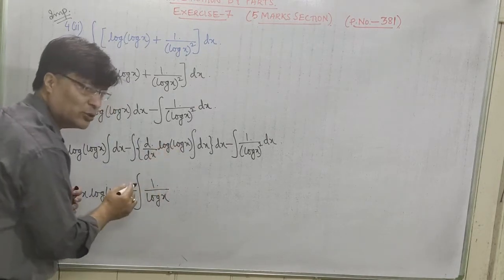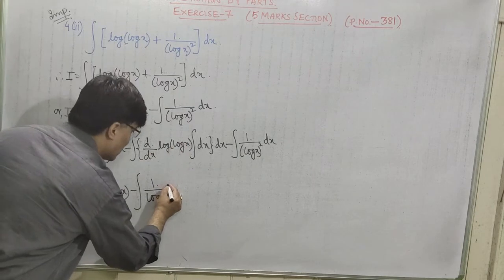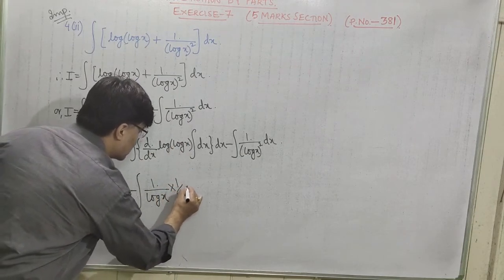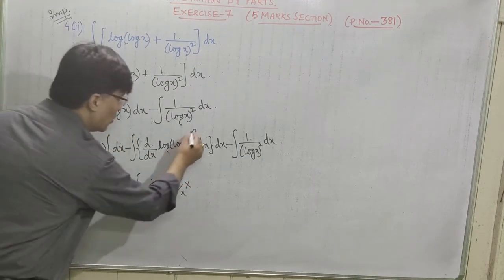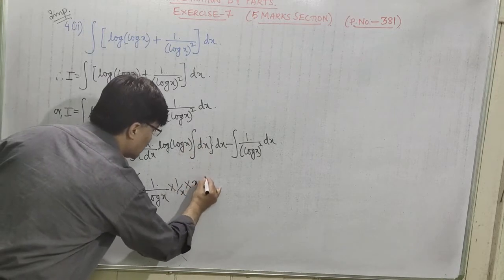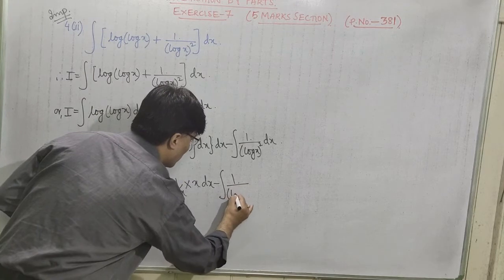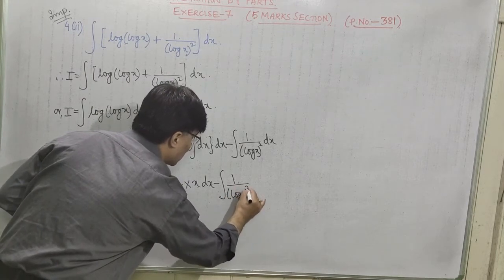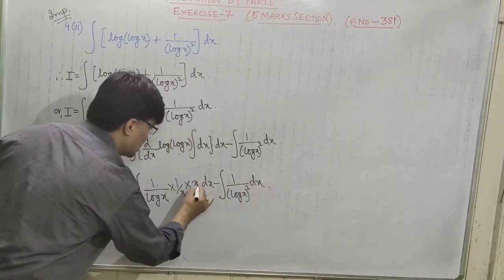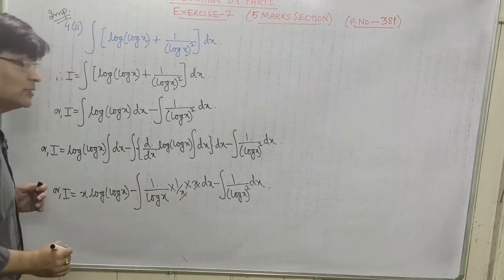Your log x was assumed as x. What is the differentiation of log x with respect to x? It is 1 by x, into the integral of dx, that is x, dx, minus the integration of 1 upon (log x) whole square dx. So here you can cancel this x.